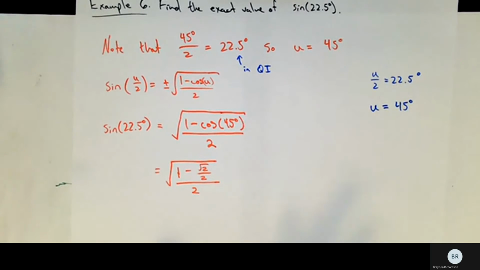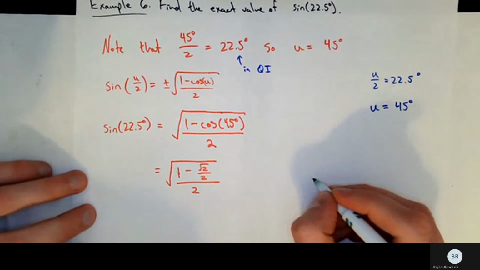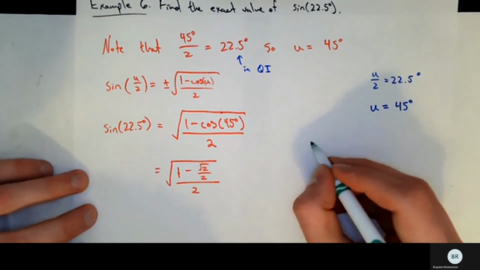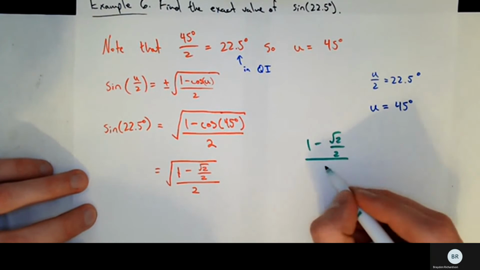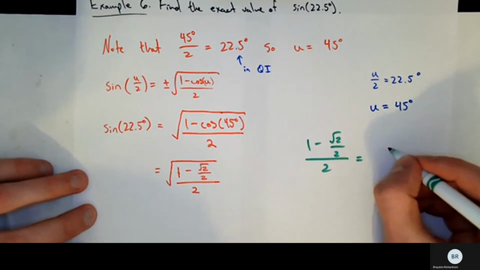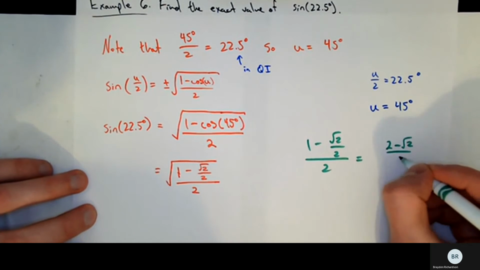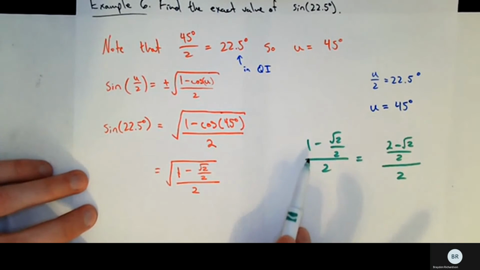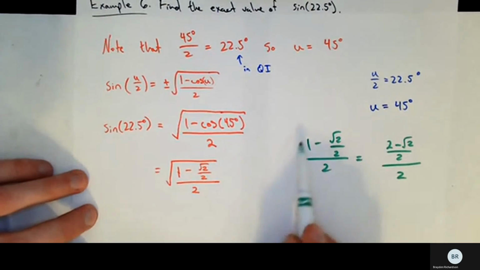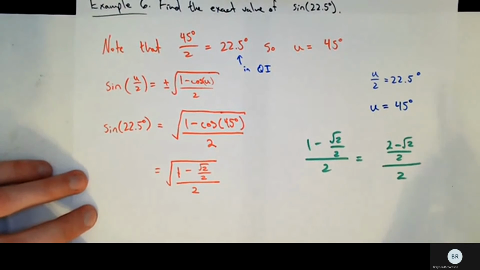So radicals and radicals, but it's all right. We're not going to do too much with it other than clean this up a little bit. Let me take this inside, so I have 1 minus square root of 2 over 2, all over 2. That's the same as 2 minus square root of 2 all over 2 in the top, since 1 is 2 over 2, and then all over 2.